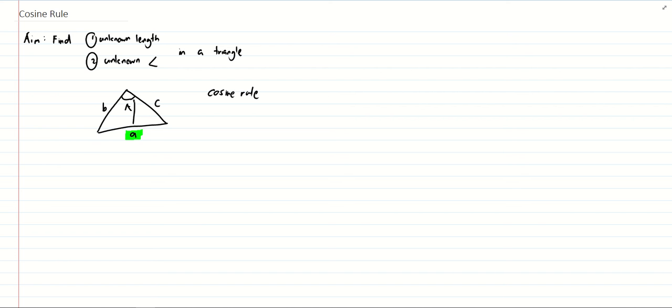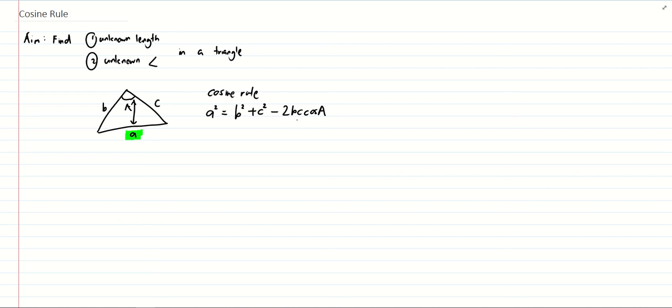Just take note that the angle must be opposite the length that I want to find. So a squared is equal to b squared plus c squared minus 2bc cosine A.